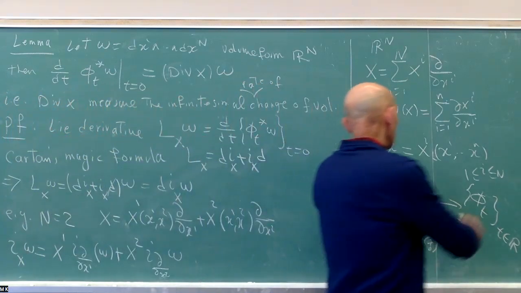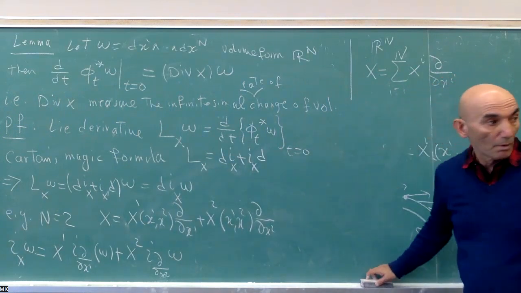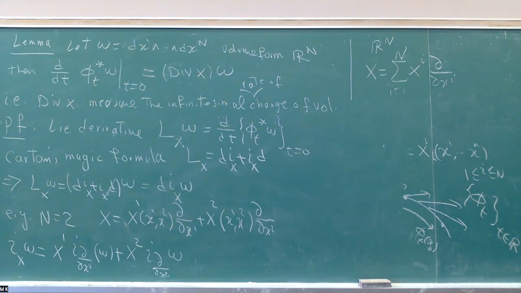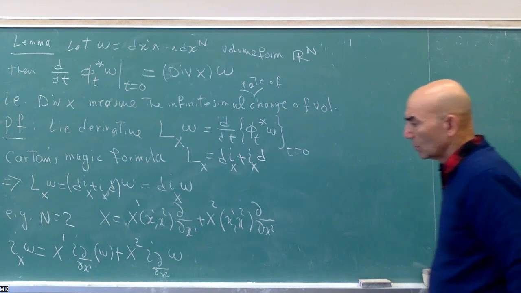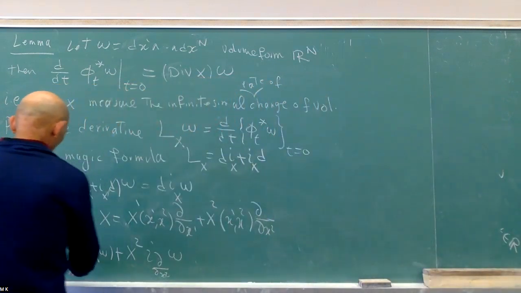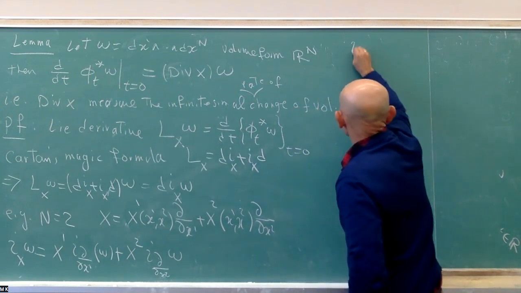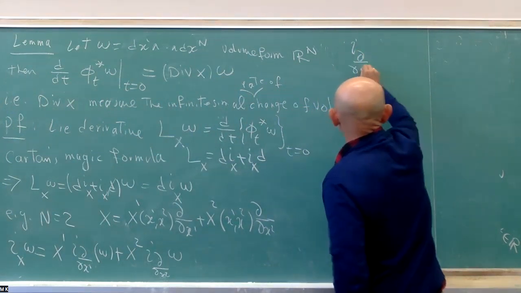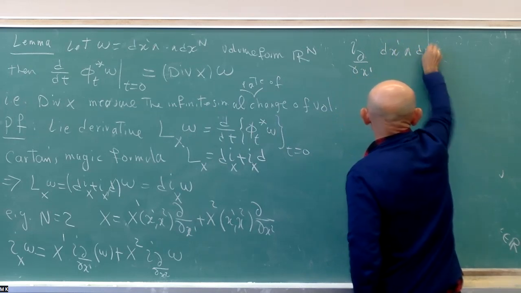Now what is that term? Let's look at this term. What is interior multiplication with respect to d/dx1 of dx1 wedge dx2?